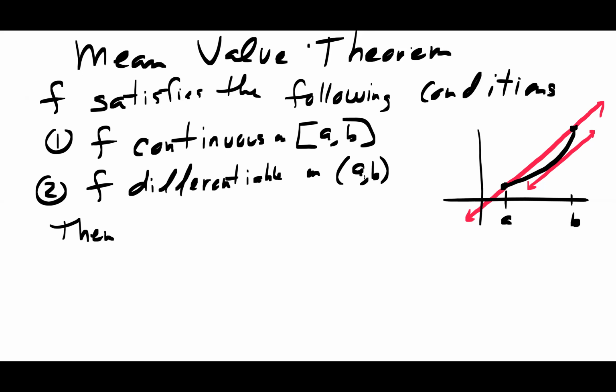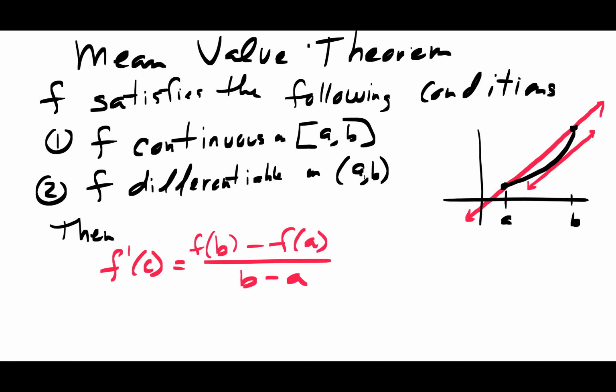But it says that I can find a value somewhere during this process in which the slope is the same as the value itself. So here it is, I will write it. The derivative at some c value is going to be equal to the slope between a and b. So basically an average slope is going to be equal to an instantaneous slope sometime during this process, at least once.